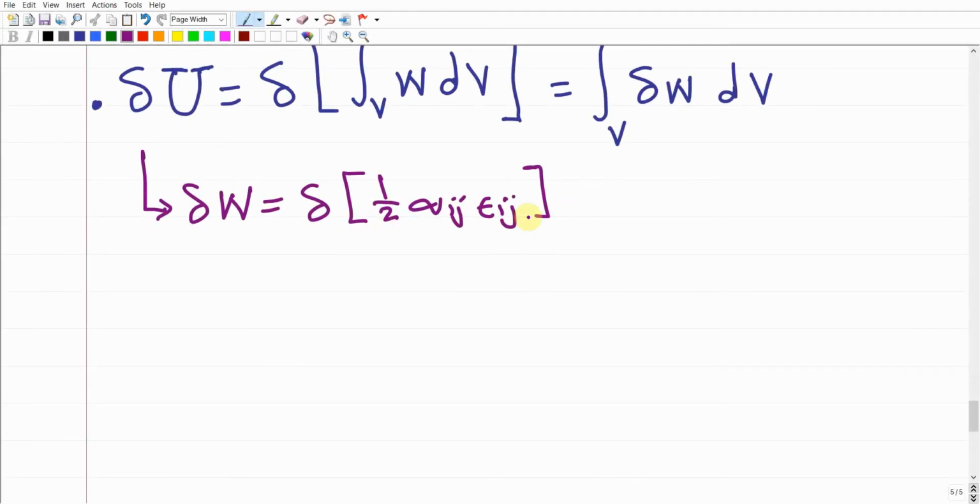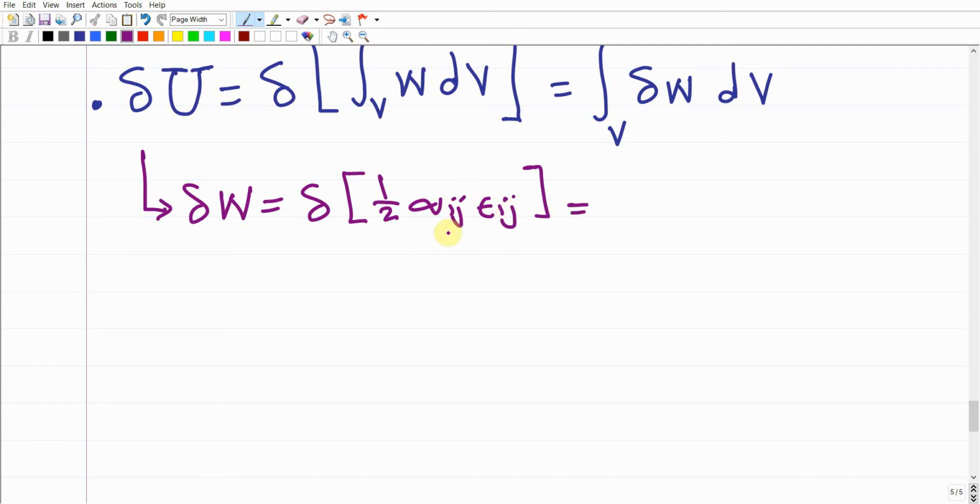But actually, I'm not recommending this form. Why? Because if you did the first variation here, it should be done over sigma and epsilon as well. It would be confusing, but we can do it anyway. The key idea you should understand is that there is a first variation of the stress and a first variation of the strain as well, because both depend on the displacements, right?